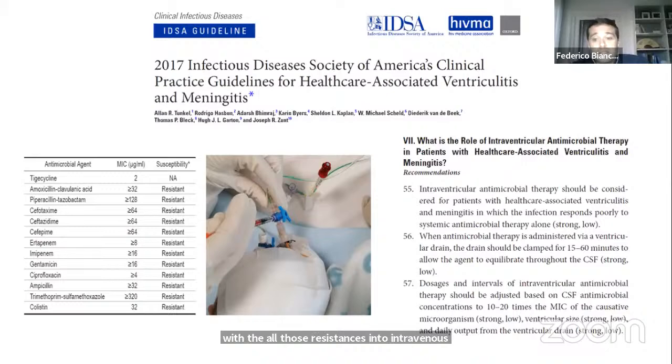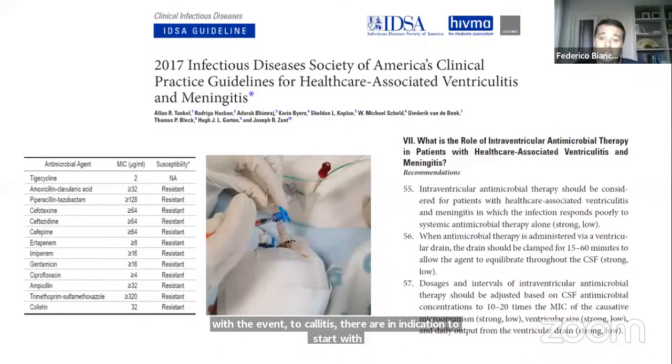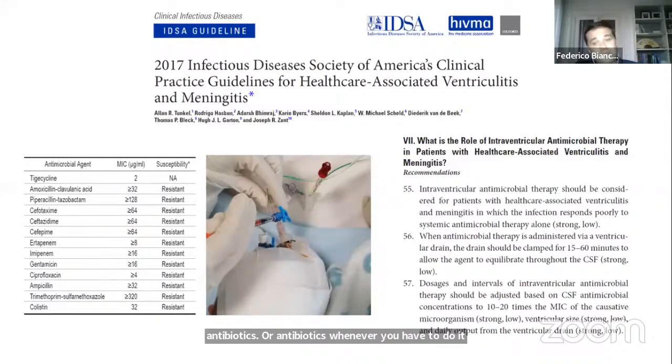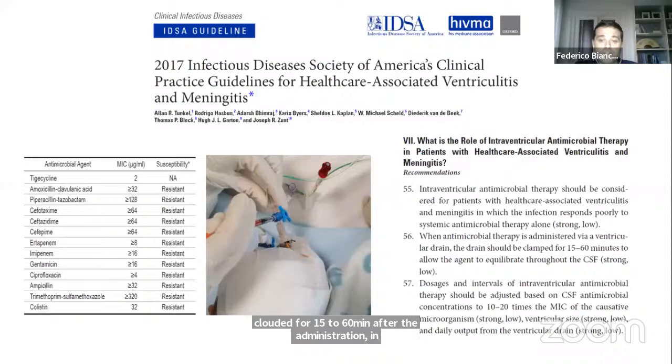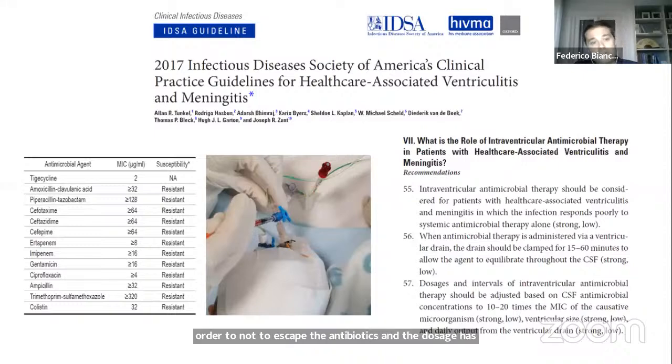Whenever systemic antibiotics are not enough to deal with the ventriculitis, there are indications to start intraventricular antibiotics. When you do it, the drain should be clamped for 15 to 60 minutes after the administration so that the antibiotic does not escape, and the dosage has to be matched with the MIC of the sensitive antibiotic you have to use.